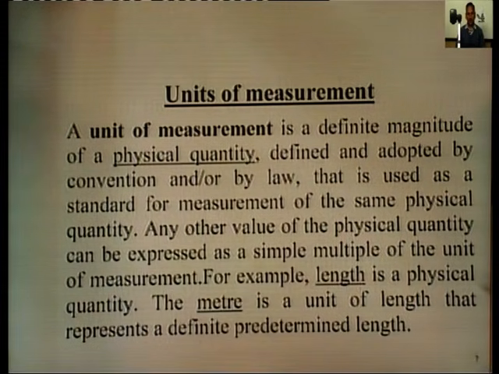Any other value of the physical quantity can be expressed as a simple multiple of the unit of measurement. For example, length is a physical quantity. The meter is a unit of length that represents a definite predetermined length.